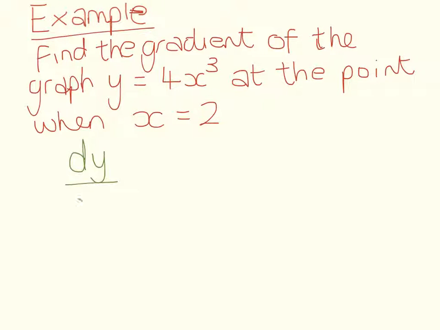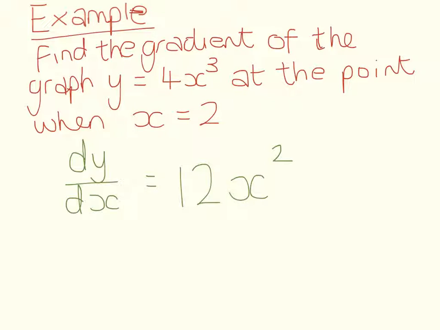So dy by dx gives us the general equation of any gradient, the gradient at any point on the line. So to differentiate, if your original function here is y equals 4x cubed, you're going to multiply by this power and then take 1 away from it. So times by the 3, that 4 is going to become 12, and 1 away from the 3 becomes 2.